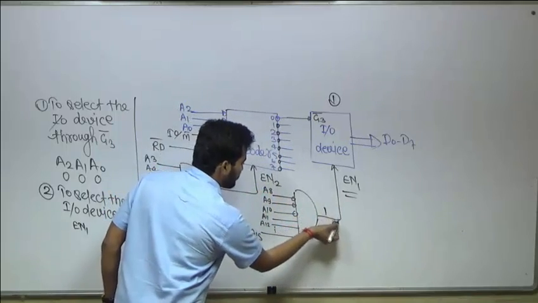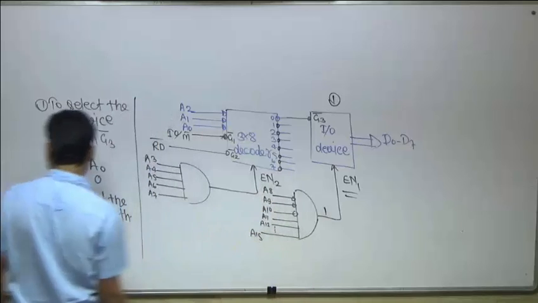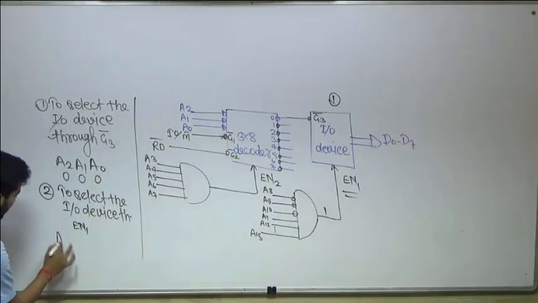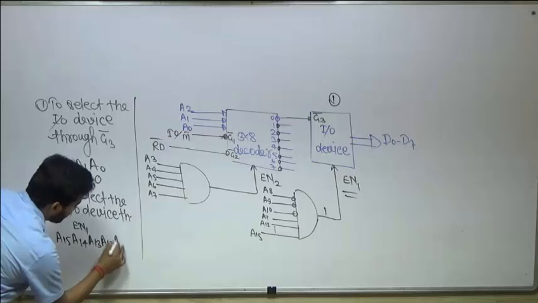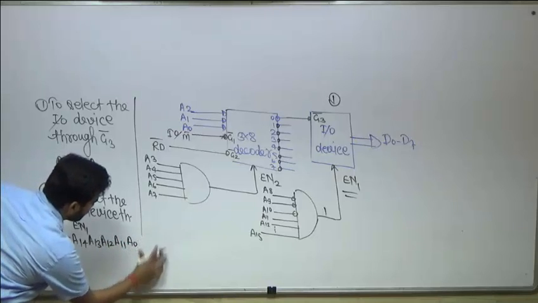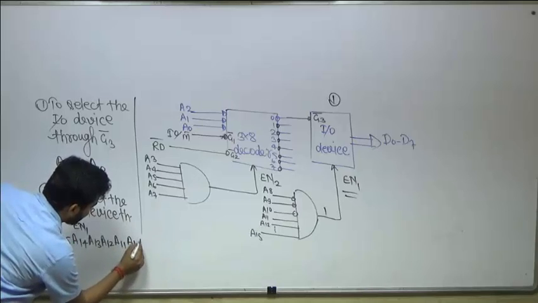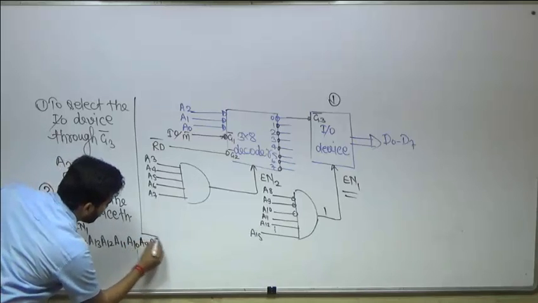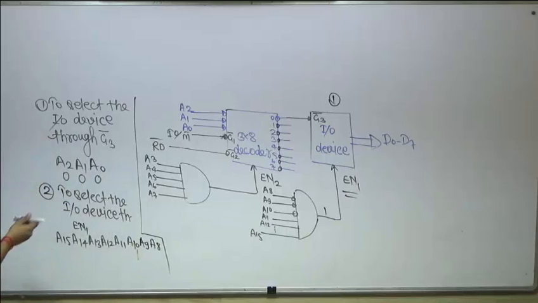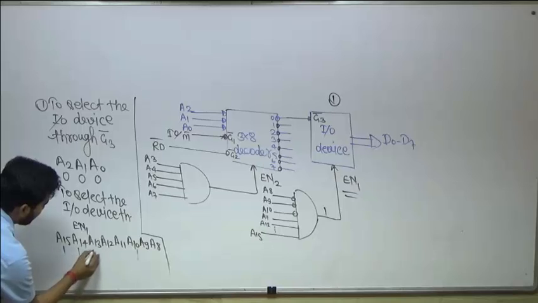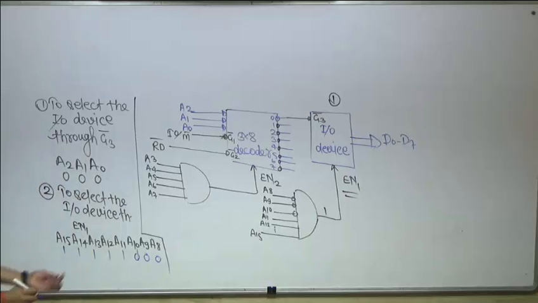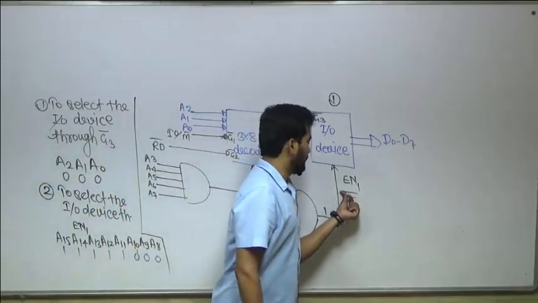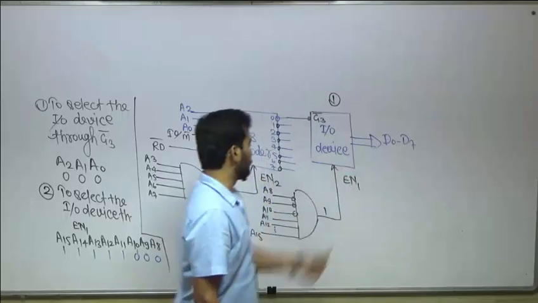For the AND gate to produce output 1, the pins A15, A14, A13, A12, A11 should be 1, 1, 1, 1, 1, and A10, A9, A8 should be 0, 0, 0. If we change these address lines, then the input output device will not be selected. So it should be enabled through this pin.